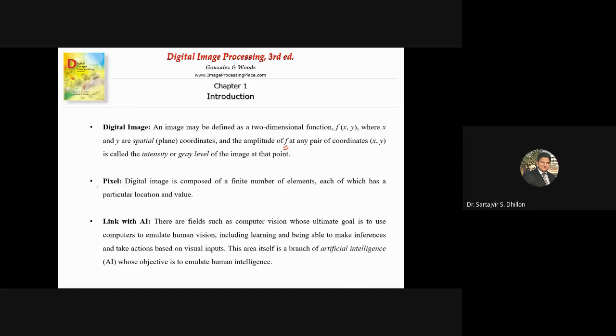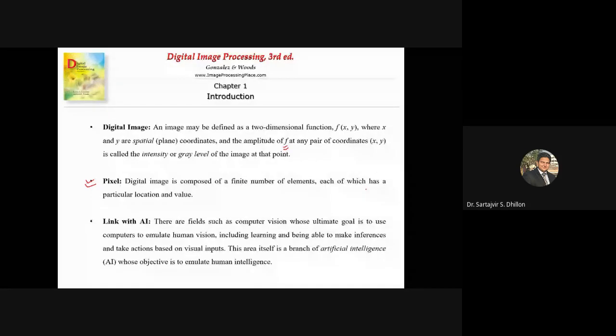The next important parameter in a digital image is the pixel. As we know, the pixel is the smallest element of a digital image. We can also say that digital images are composed of a finite number of elements, each of which has a particular location and value.